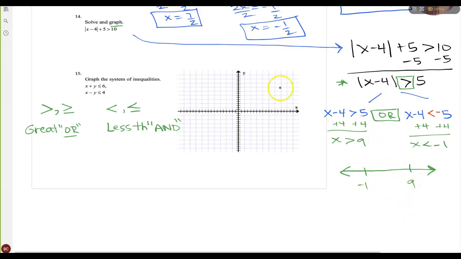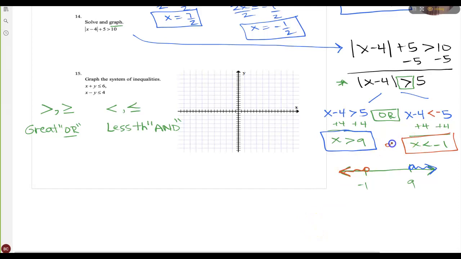I'll do these in 2 different colors to make it easier to see. So x is greater than 9 is going to be an open circle there and everything bigger than it. And then the red: x is less than -1, so open circle here and all the stuff smaller than it, all the stuff that way.